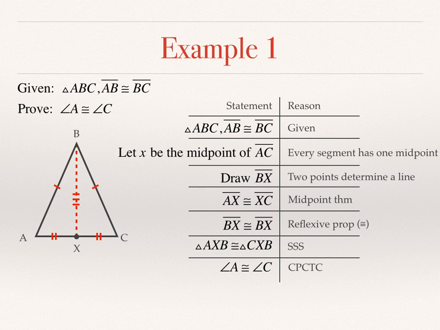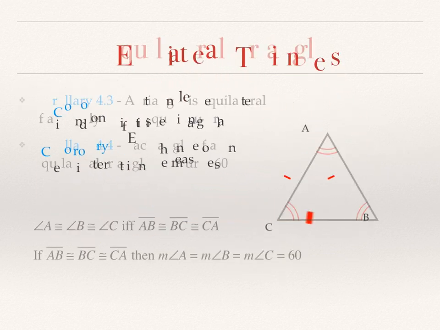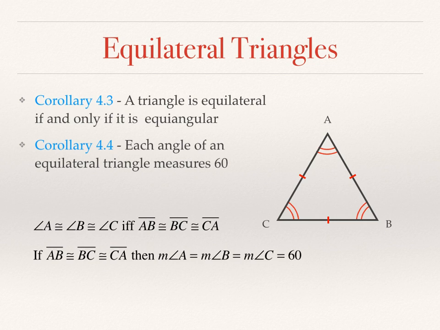Now, when we stop dealing with just isosceles triangles and start talking about equilateral triangles, we have a couple of corollaries, and these basically derive from the isosceles triangle theorem. So if a triangle is equilateral, it's equiangular. We already knew that. Now we're just saying that there's a theorem that basically says it.